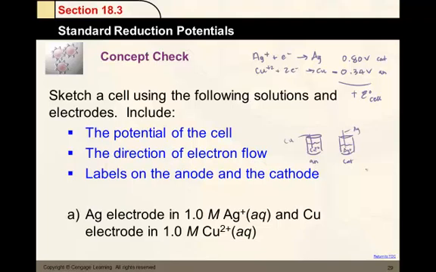The direction of the flow should be from anode to cathode. And oops, we can't forget our porous disk. That's going to be my porous disk picture. Labels on the anode and the cathode, there they are. And the voltage will be 0.80 minus 0.34, 0.46 volts. So that has 0.46 volts.